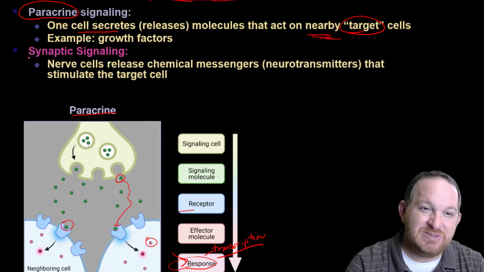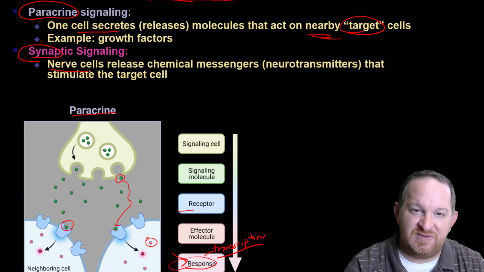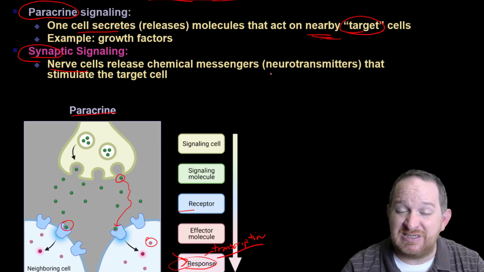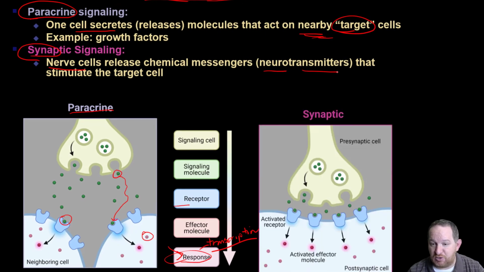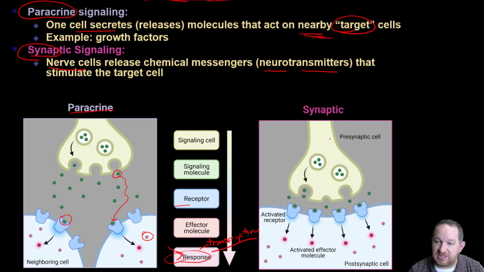Synaptic signaling we specifically talk about in nerve cells because they're releasing neurotransmitters. And what these do, as you can see, right, once again, here's the axon from a neuron. And what's happening here is there's a small space called the synapse between these neurons and between their effector cells. And once again, we've got our signaling cell. It releases the neurotransmitter that goes.